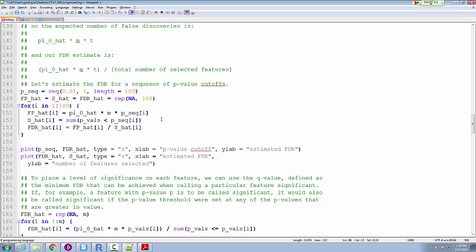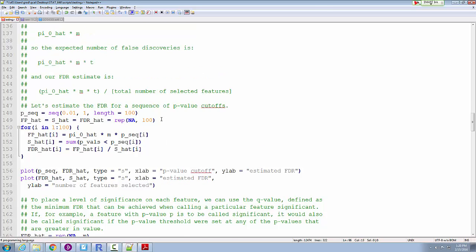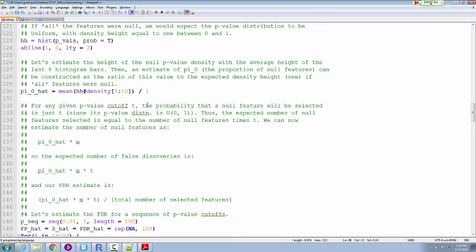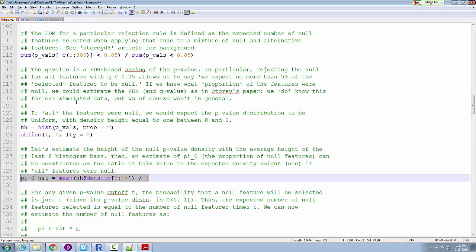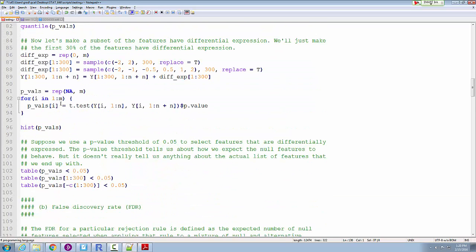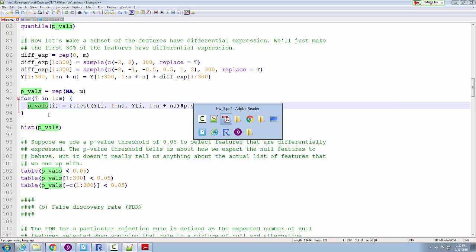There is a built-in function in R that does it for you. We did this as a rough estimate that got us to being able to estimate the FDR. But if we come back up a little before, we computed p-values. So we have these 1,000 p-values for our simulated data.